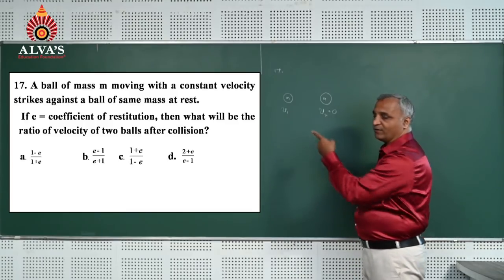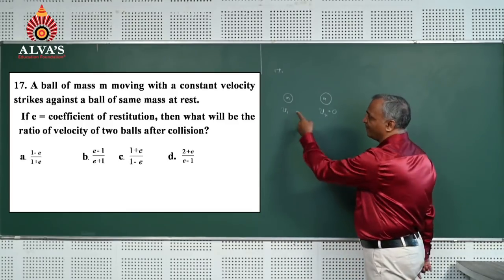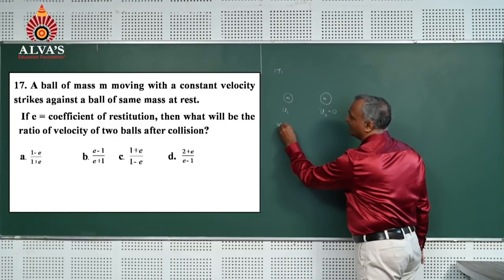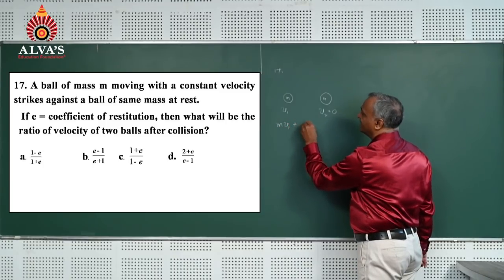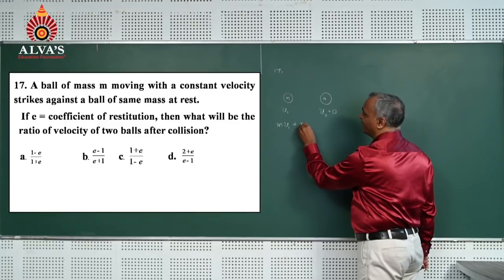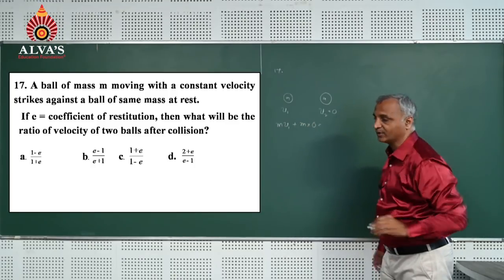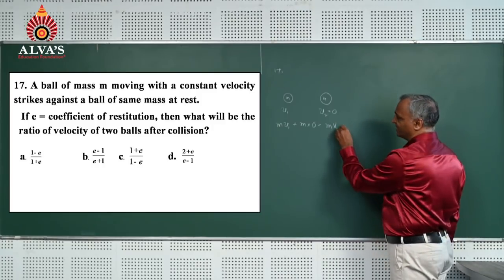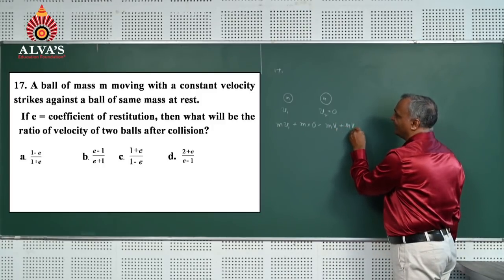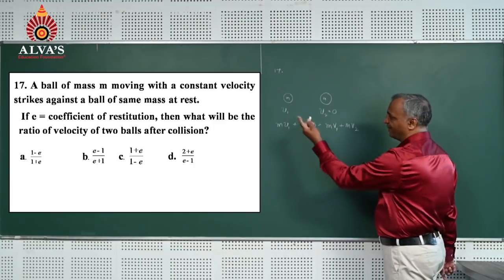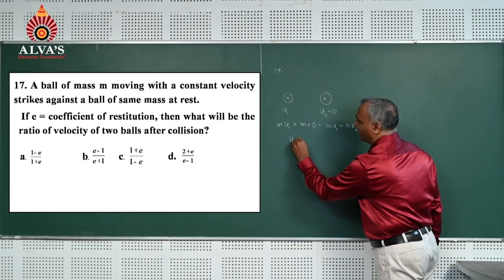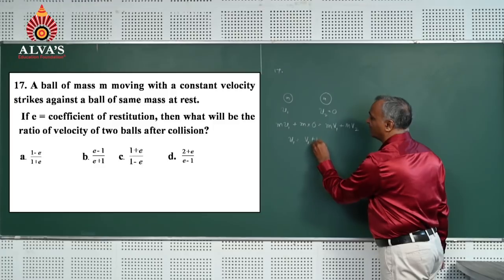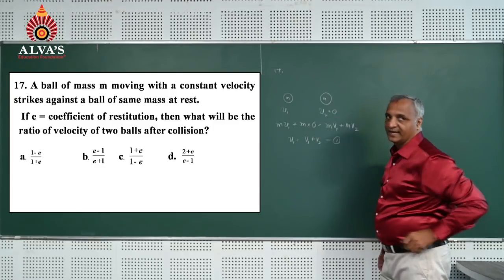So if I go for conservation of momentum, momentum initially is m into u1 plus the second momentum, m into u2, is 0, is equal to m into v1 after the collision plus m into v2, I can write. And so m cancels right through. I am going to get u1 is equal to v1 plus v2.